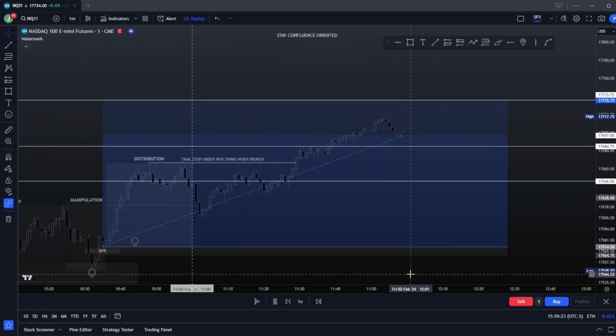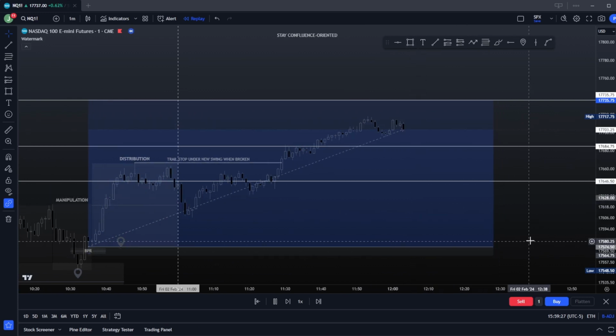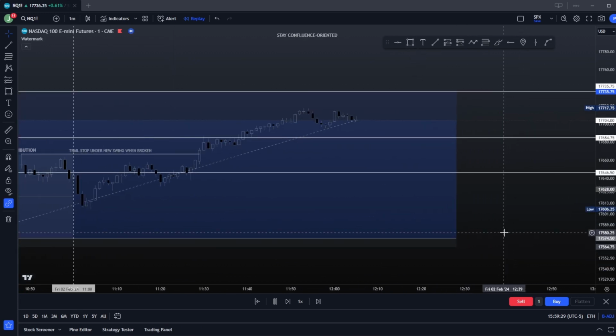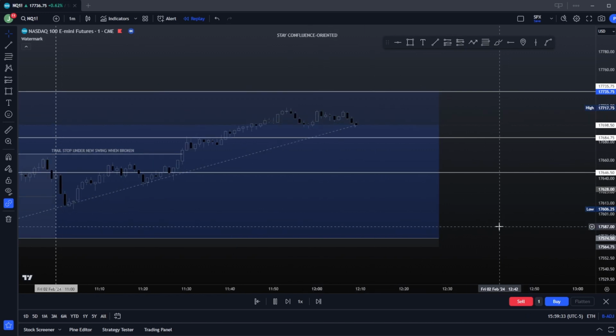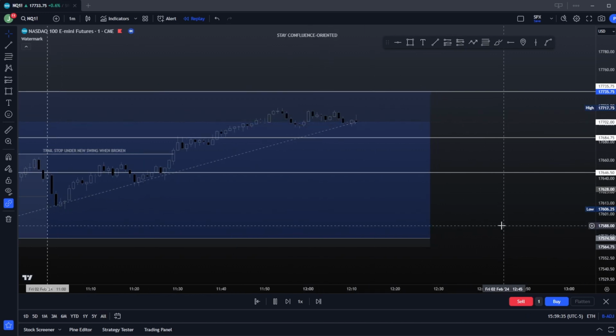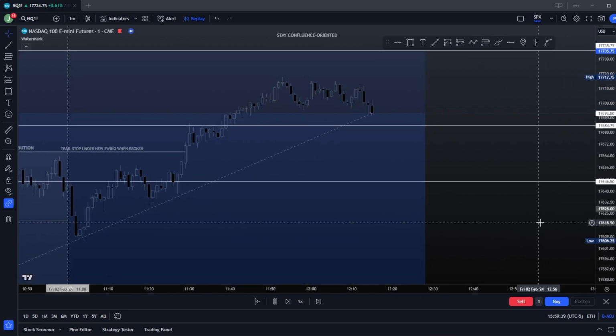As you already saw, 12 o'clock hits, we get a little impulsive move. It's trying to reject a little bit, but we haven't broken to the downside yet. We're still consolidating in this range.